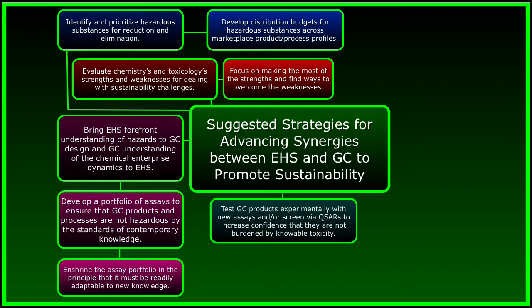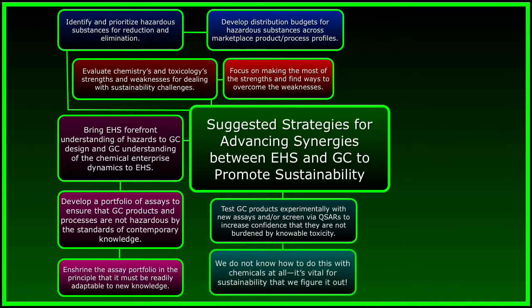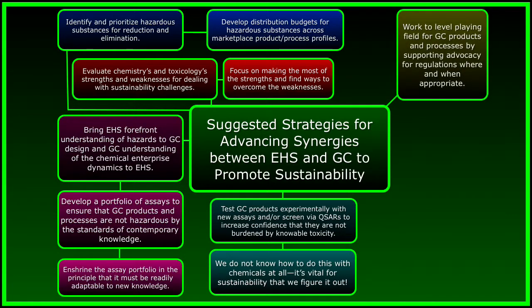We need to test green chemistry products experimentally with new assays and/or screen via quantitative structure-activity relationships to increase confidence that they are not burdened by knowable toxicity. With endocrine disruption, we do not yet know how to do this adequately, and it's vital that we figure it out expeditiously for sustainability.